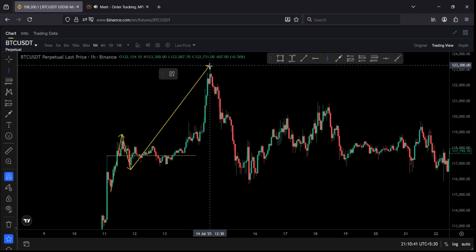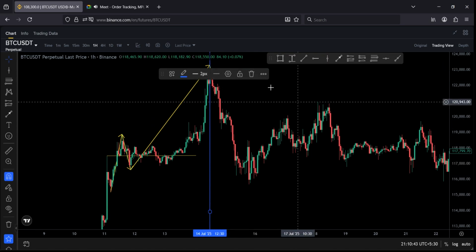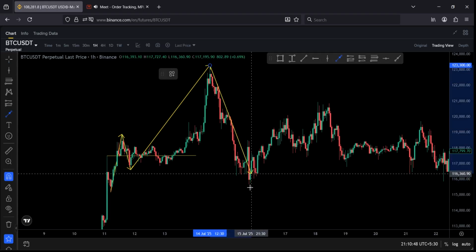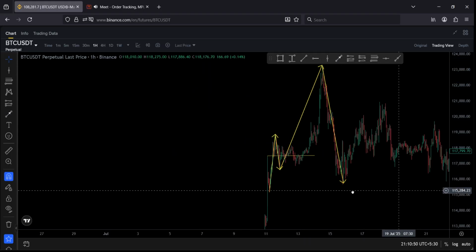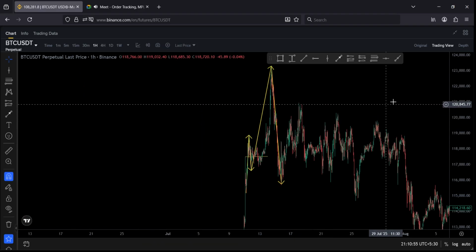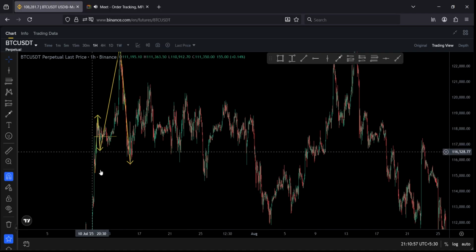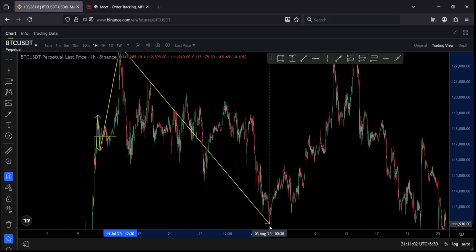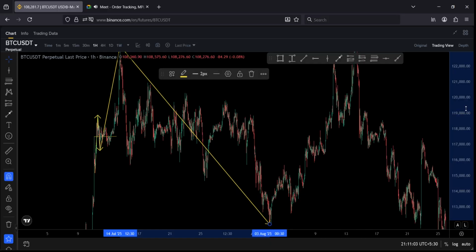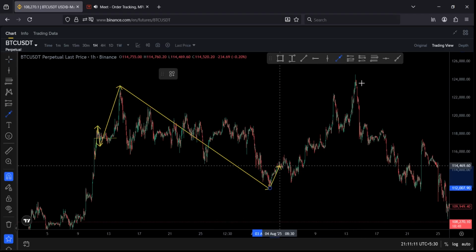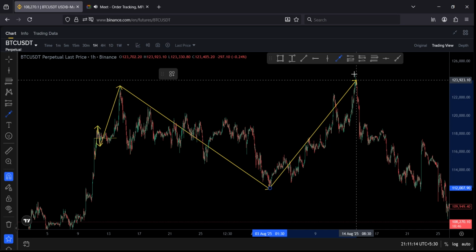Okay, the price goes up, and came down here like this, then goes up again, or came down till here and goes up again like this, and then this goes up again like this.